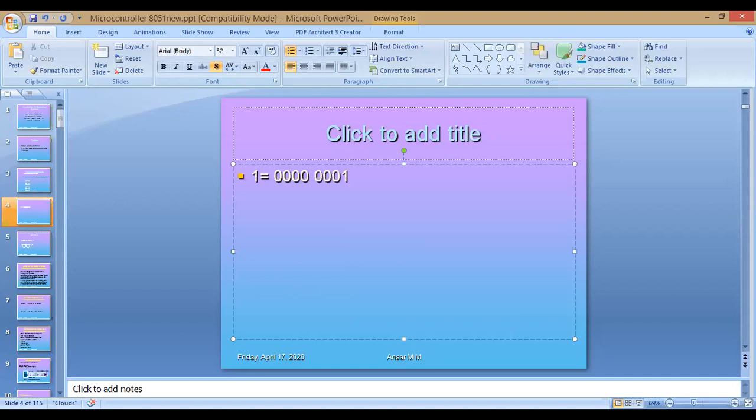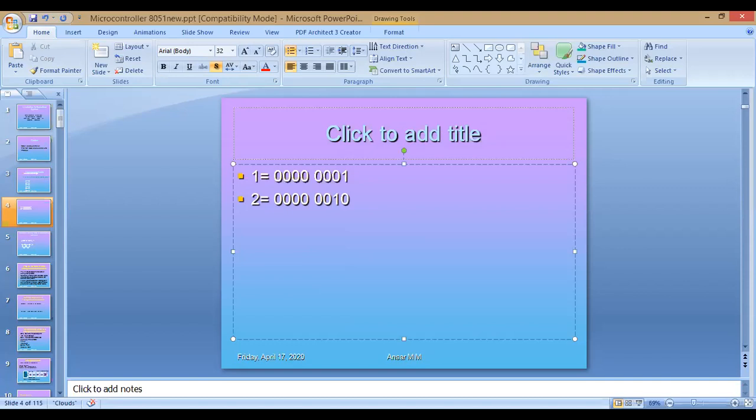This is the binary equivalent of decimal number 1. In the same way, if you take the decimal number 2, the binary equivalent will be 0, 0, 0, 0 for the upper nibble, and the lower nibble will be 0, 0, 1, 0. The equivalent binary number of 2 is 10.